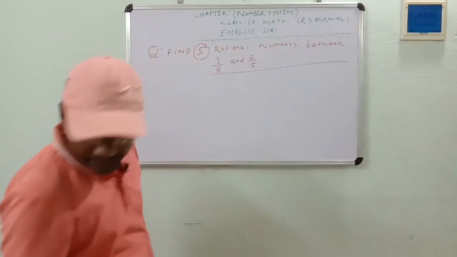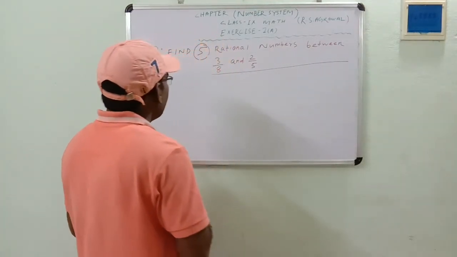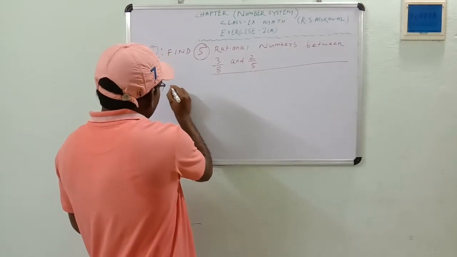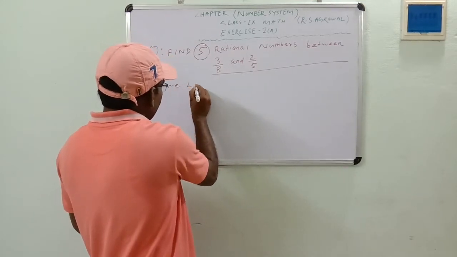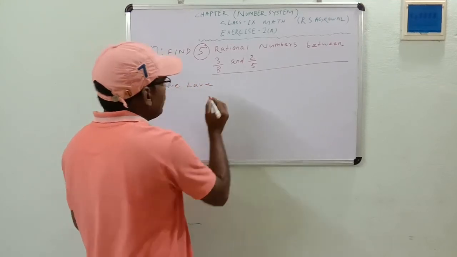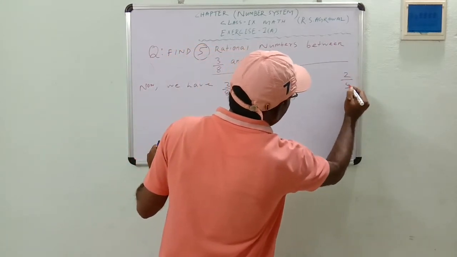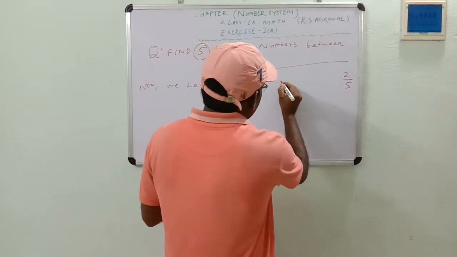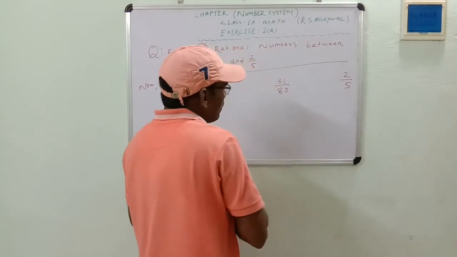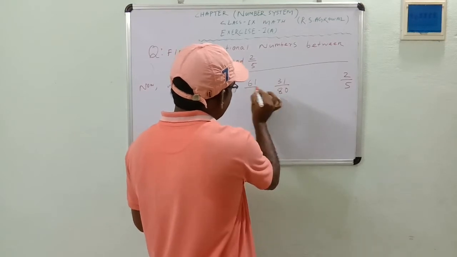So students, already you have found out two rational numbers. Now we have 3 by 8, 2 by 5, 31 by 80 and 61 by 160.